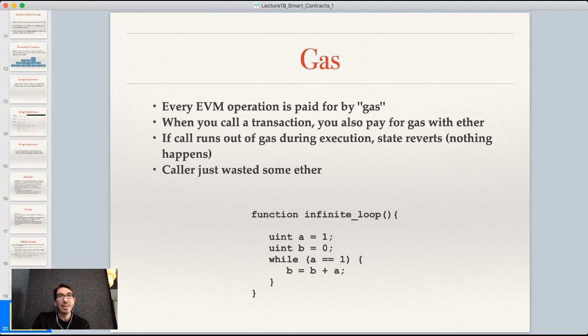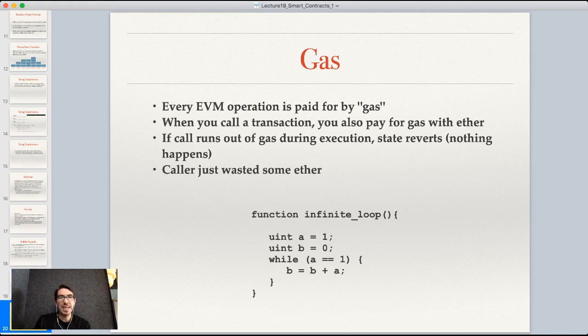Since there's only a limited supply of space on each block, we really want to have people minimize how much code they actually want to run on the blockchain. There's only a finite amount of computation that people can do. There's only a finite amount of storage that can occur on a blockchain. And so gas really helps us to prevent this sort of thing.